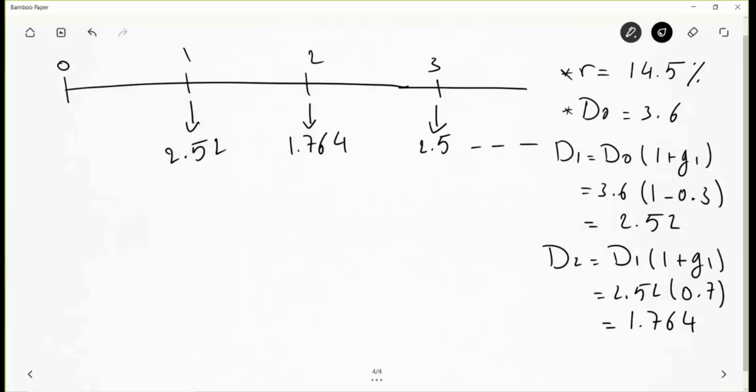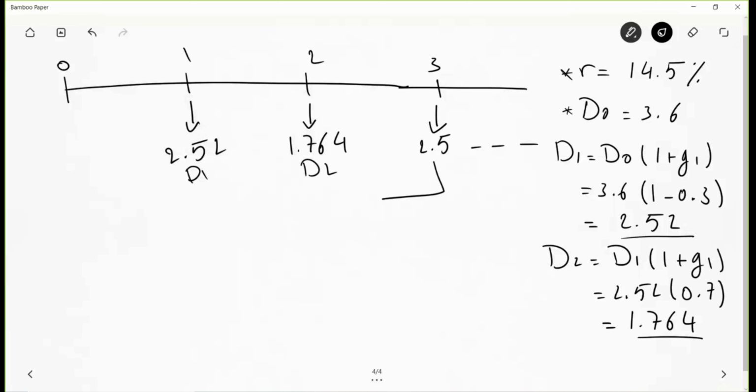D1 is equal to D0 times 1 plus the growth rate, which is minus 30%. So I will have 3.6 times 0.7, 2.52, this is D1. Then D2 is 2.52 times 1 minus 0.3. So I have 1.764, this is D2. Now, starting from year 3, I have a constant dividend.